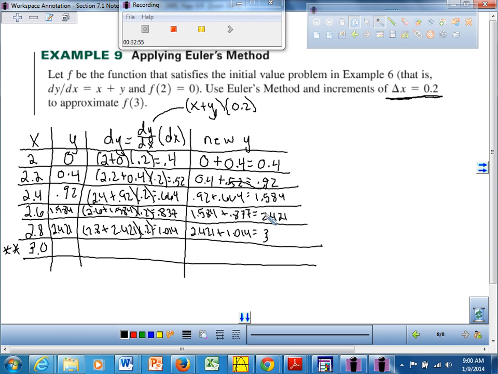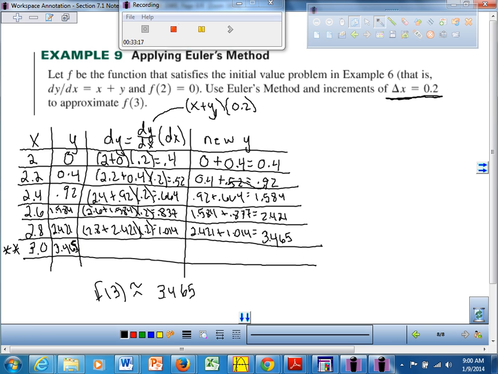And finally, that is the one that we needed. So f of 3 is approximately 3.465.